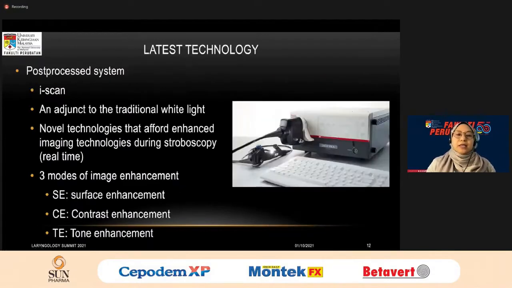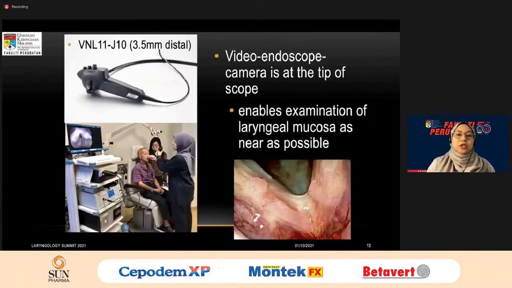So eye scan is an adjunct to the traditional white light, within the same processor that provides white light as well as eye scan. This technology is considered novel because it can be coupled with stroboscopy in real time, which I'm going to show in our case discussions.